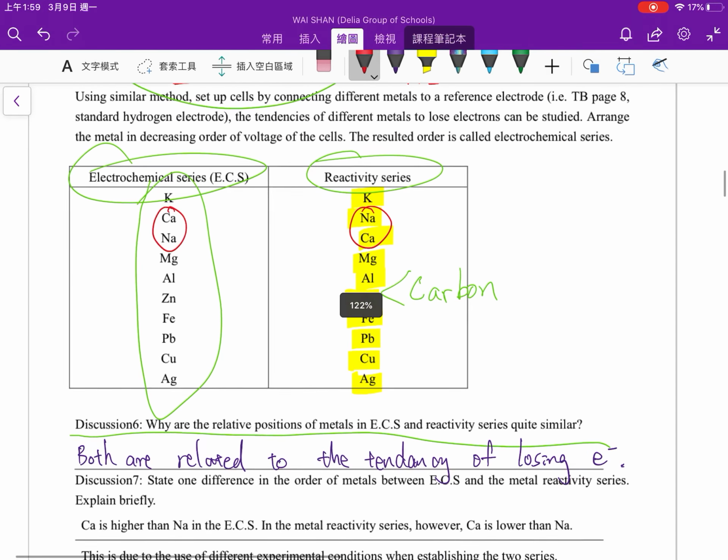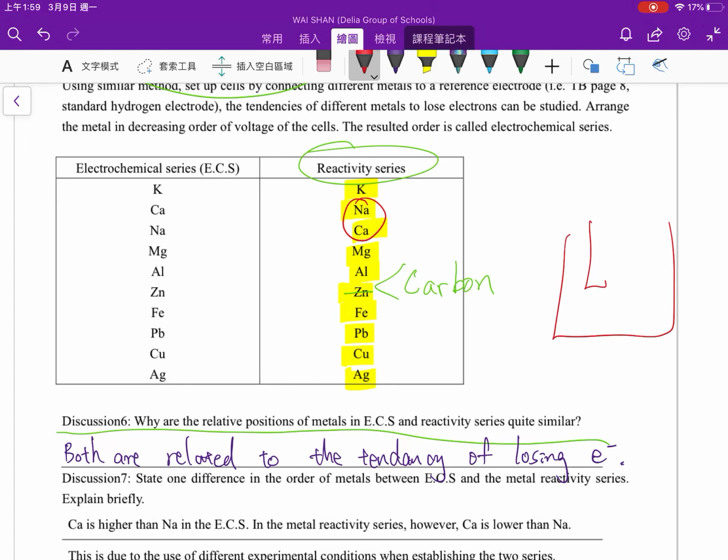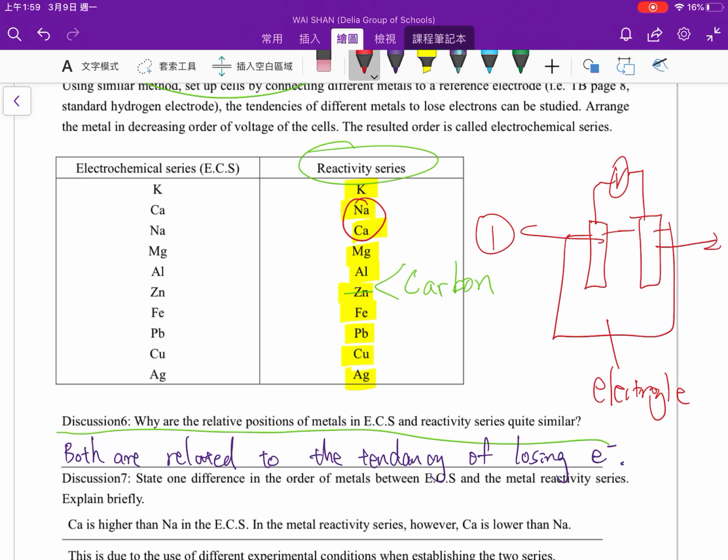So in conclusion, in this topic we learned E.C.S., electrochemical series. If now we have a battery, a simple chemical cell like this with two different metals and an electrolyte, any electrolyte, right, and we're using two different metals, metal 1 and metal 2.